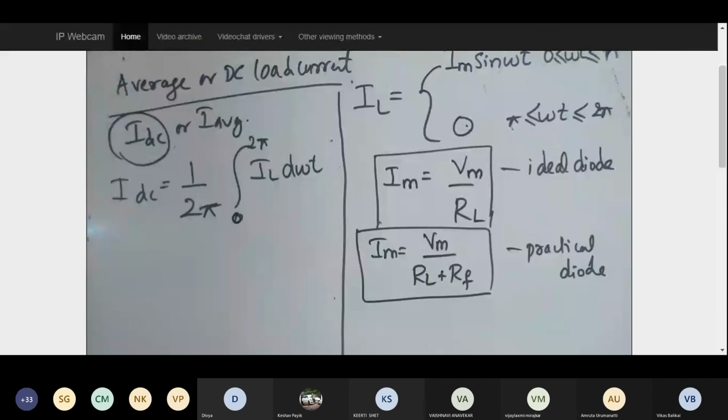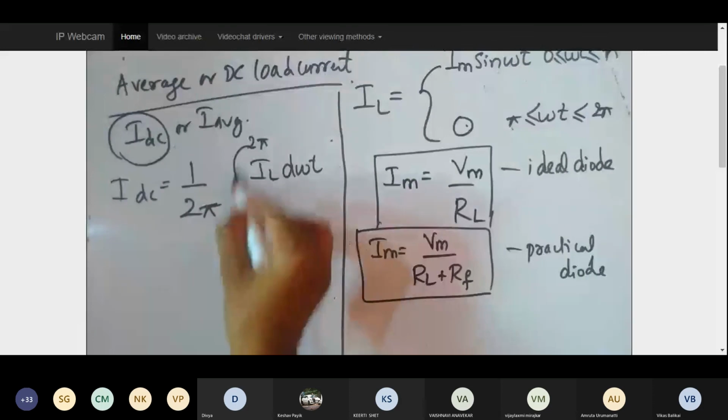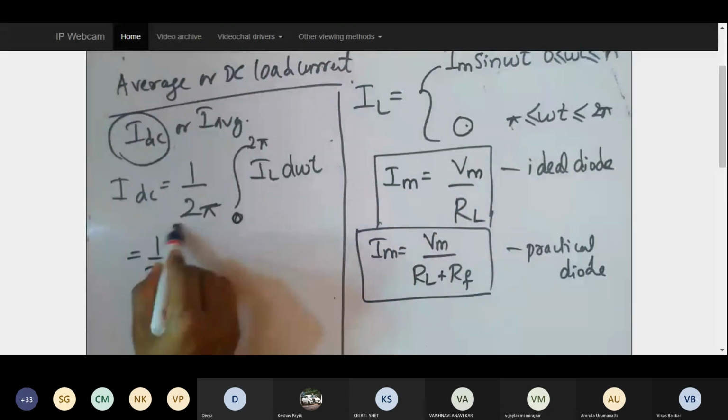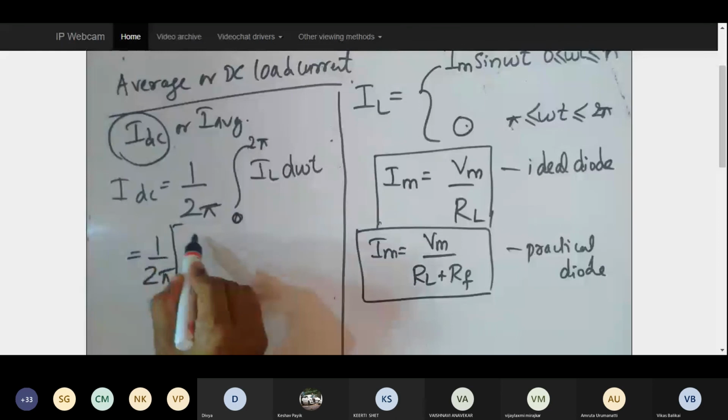So let's try to break this integration into two parts. Let's say 1 upon 2 pi, from 0 to pi, that I need to be integrating now, 0 to pi IL d omega t.